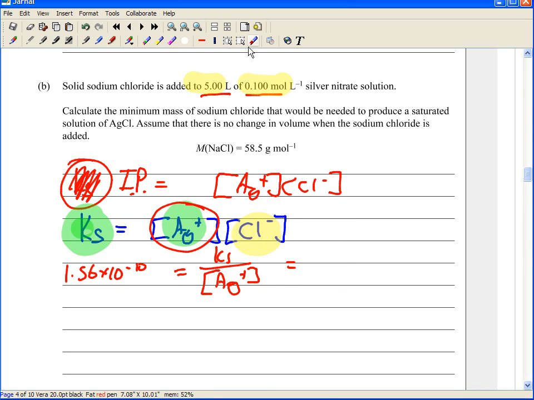What am I doing? Oh, that's right. This is the Cl minus, which is the thing we're after.